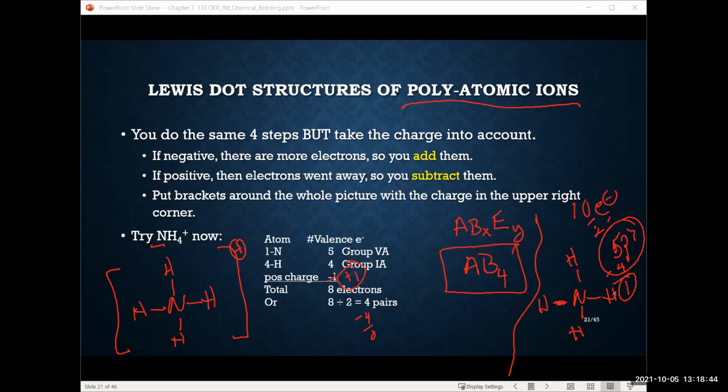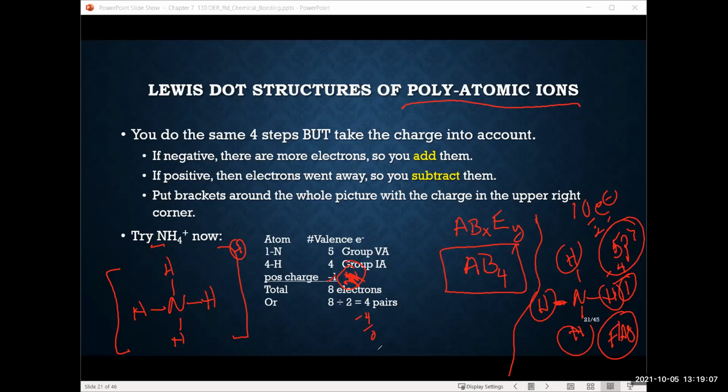I can't put that extra pair on the nitrogen because it's full, with 4 pairs or 8 electrons around it. So that should give you a flag. Oh, maybe I did something wrong. So you go back here and realize, okay, I must subtract rather than add.